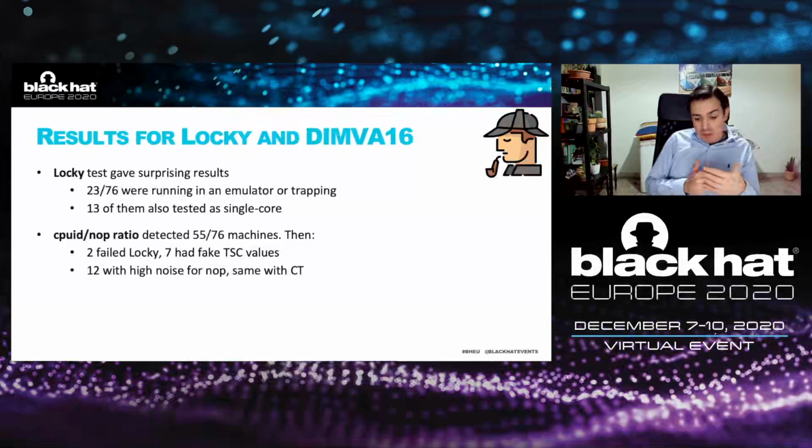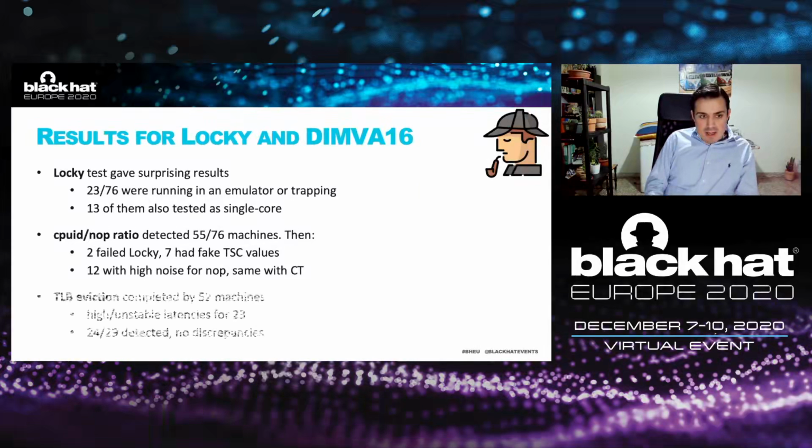So we will try in the future to run these experiments again using another instruction. And we observed something very interesting for the fourth detection, which is the most effective when it runs. It was completed by fewer machines because it takes long to execute.